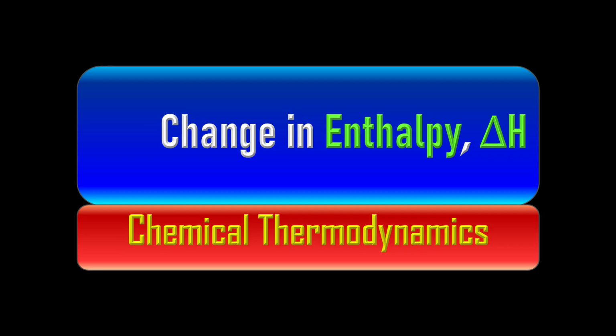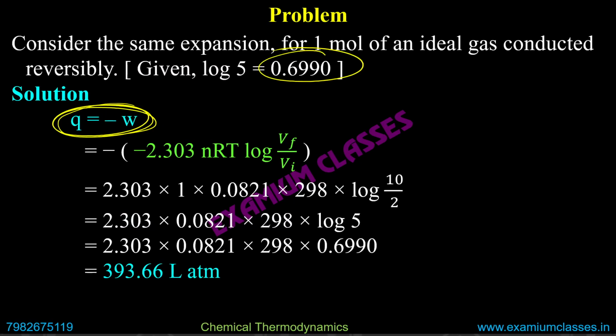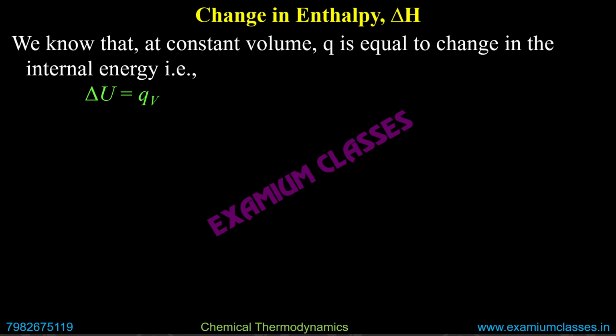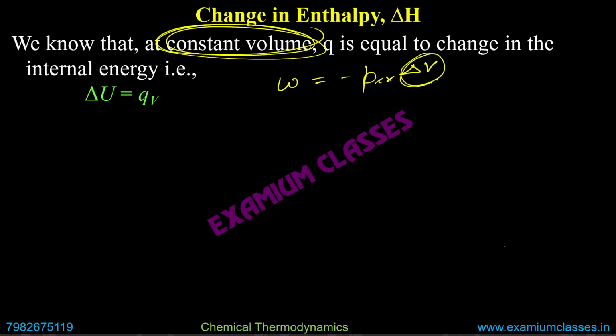Then change in enthalpy, that is delta H. H is enthalpy and change in enthalpy is delta H. We know that at constant volume, Q is equal to change in internal energy, because work will be 0. Work is given by minus P external delta V. If it is constant volume, then delta V is 0.